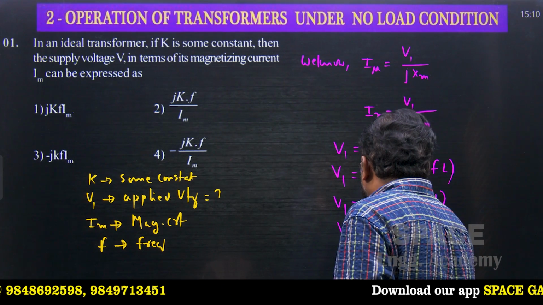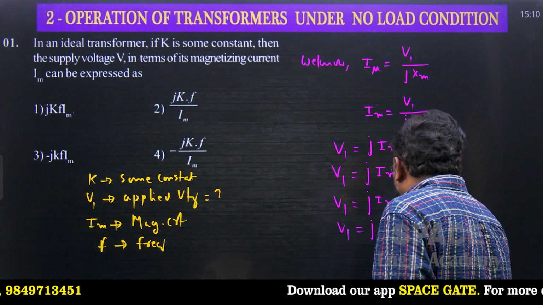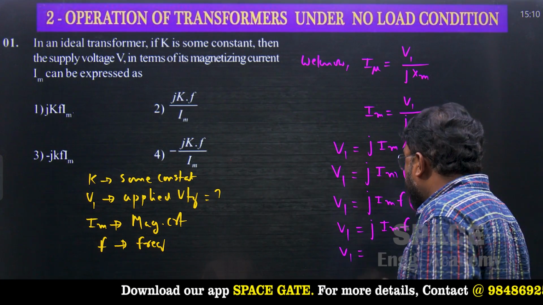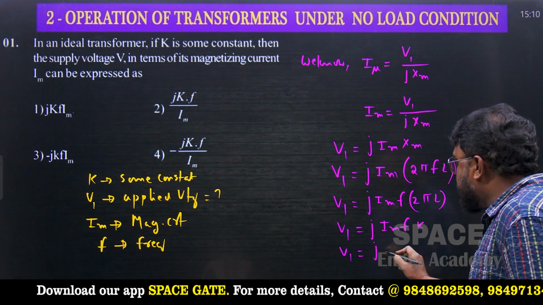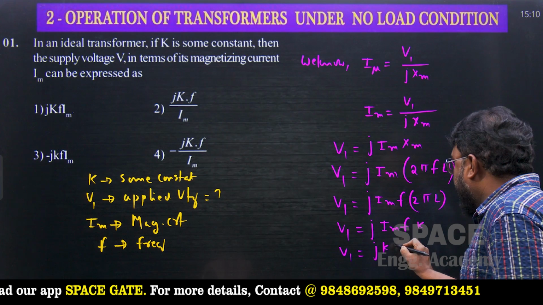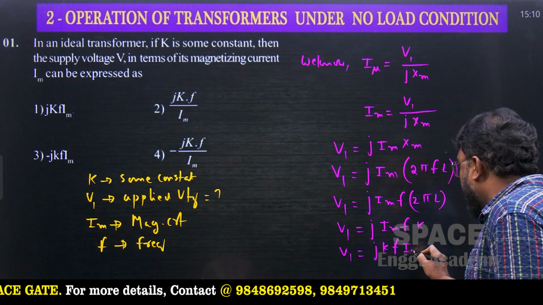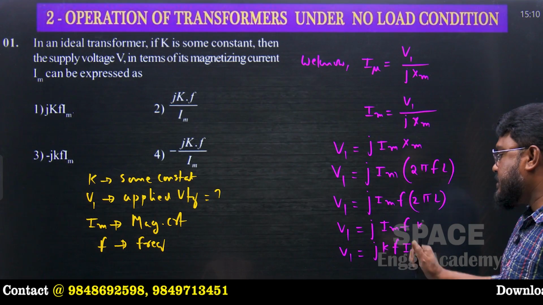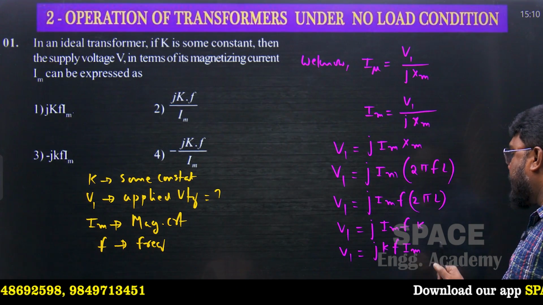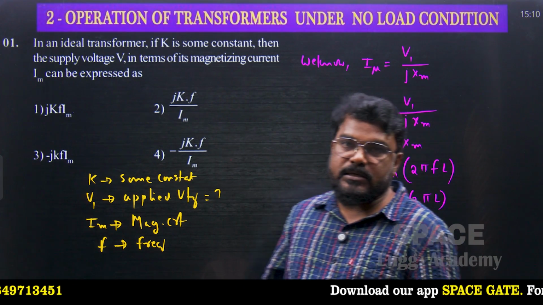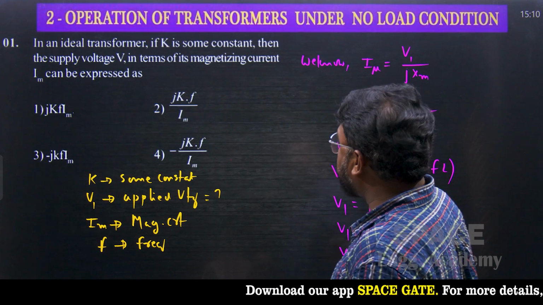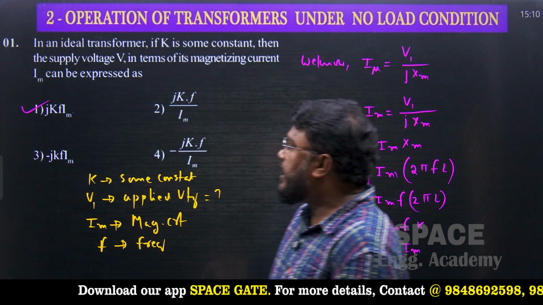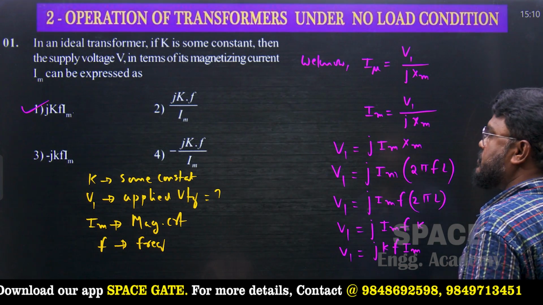So this is equal to j into Im f multiplied by K. By rearranging these terms we get j K f multiplied by Im, where j is the imaginary term, K is a constant, f is the frequency, and Im is the magnetizing current of the transformer. So what is the answer for this question? Option 1 is correct, j K f Im.